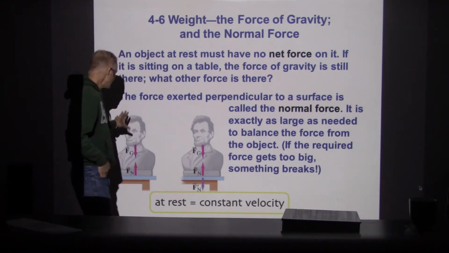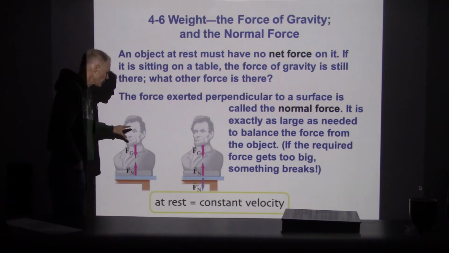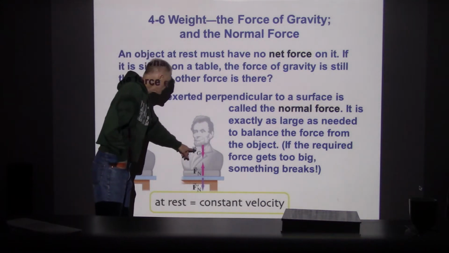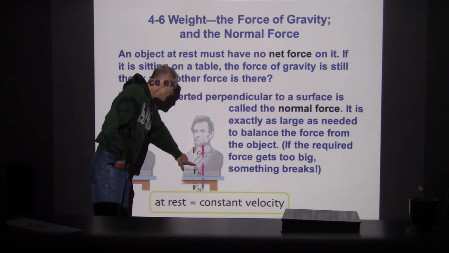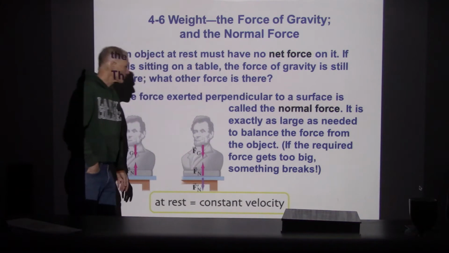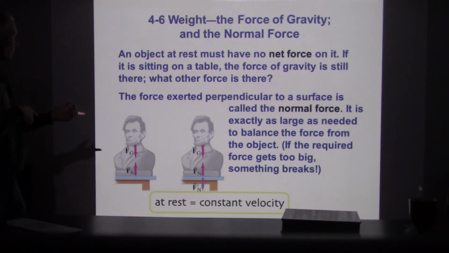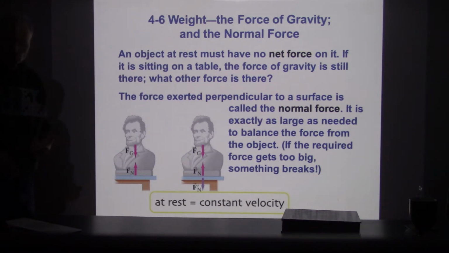If I have something just sitting on a level surface, remember at rest is constant velocity, often we find that the force of gravity matches the normal force. So N equals mg for a simple diagram like this, if there is no acceleration in the vertical direction.